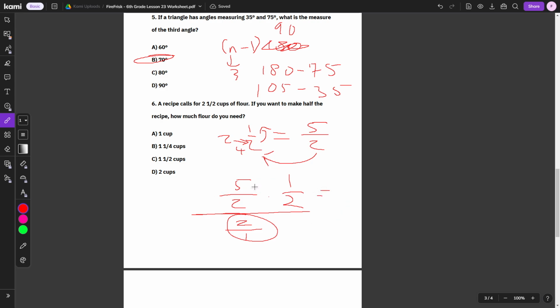And then you just multiply. This is the same thing as this. So 5 times 1 is 5, and 2 times 2 is 4. 5/4. But 5/4 isn't in the answer choices. That's because you have to simplify, make it a mixed number.